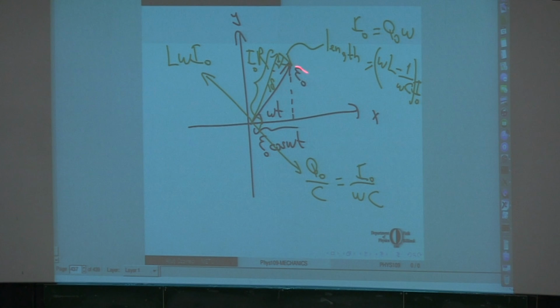And so here I have a right triangle. The perpendicular sides: one has length I0 R, the other has length omega L minus 1 over omega C times I0. And the hypotenuse should have length epsilon 0.